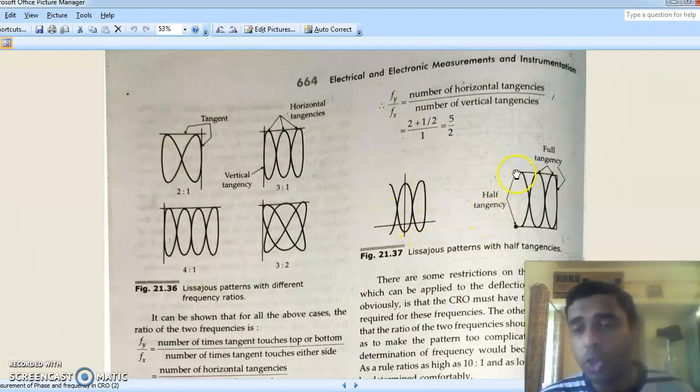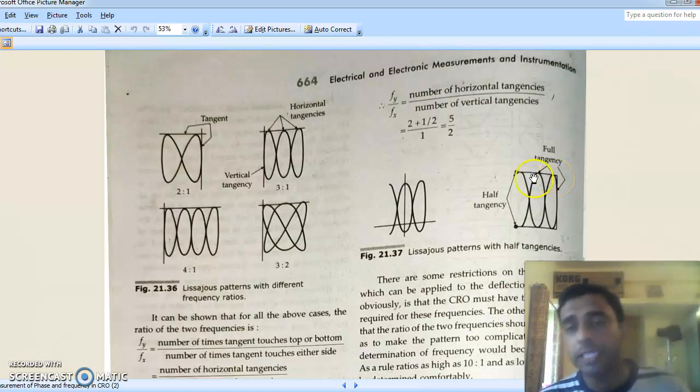So we simply draw the tangencies. Here we consider the half tangency, that is, draw the horizontal tangent like the previous case, and draw the vertical tangent like the previous case. You can see that there are 3 intersections here. Of these, 2 are full tangencies: full tangency 1, and a second full tangency here.